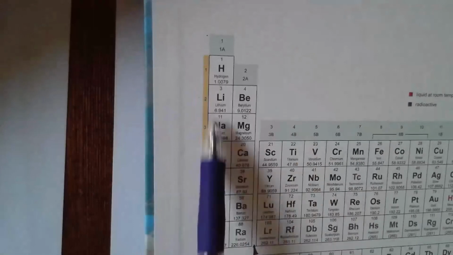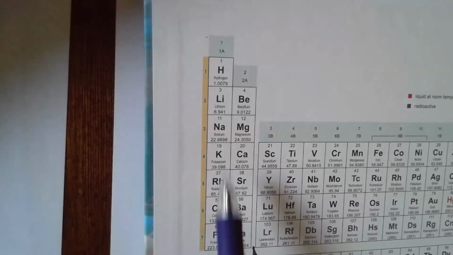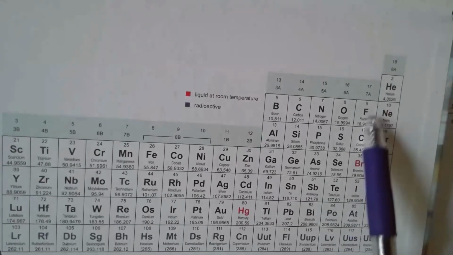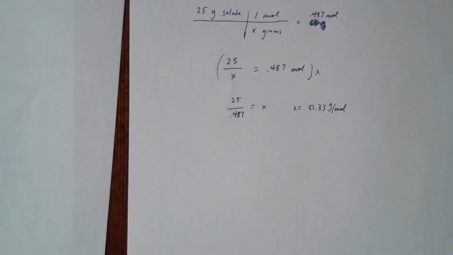So one of our alkali metals over here, paired with one of our non-metals over here. In this case, they happen to all be halogens, because they break apart really easily into ionic species.